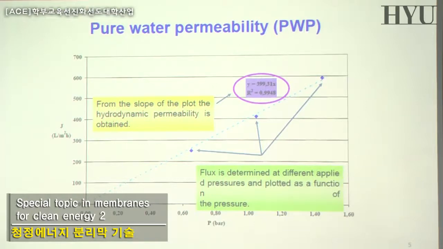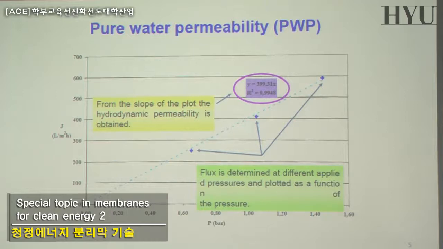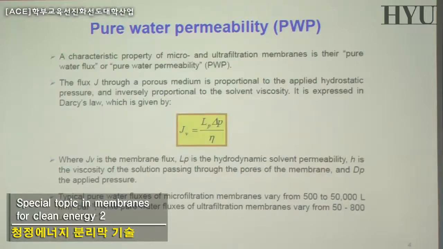The slope of the plot is called the hydrodynamic permeability, because what we measured was JV versus delta P, which is LP divided by viscosity. If you are using water, the viscosity is 1.